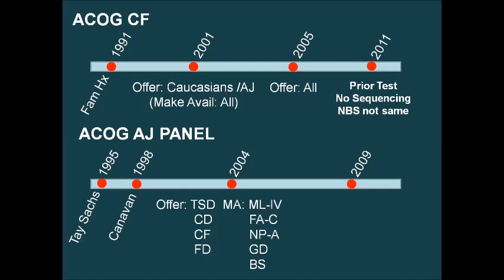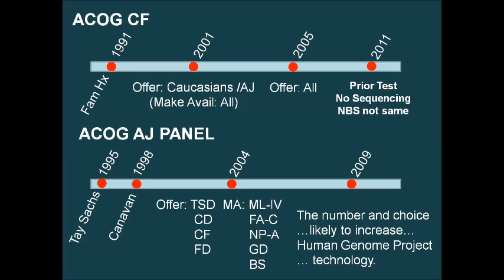You'll notice that the number of conditions has increased from 1995 to 2004 and 2009 due to the Human Genome Project. ACOG suspected that the number and choice of conditions was likely to increase. What you're seeing here is the concept that we're seeing in expanded carrier screening. That is no more self-identification, making the conditions that are on expanded carrier screening offered to all patients, and now we're expanding conditions and expanding alleles.